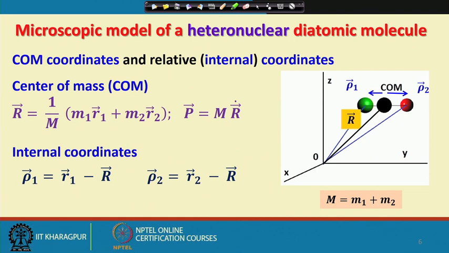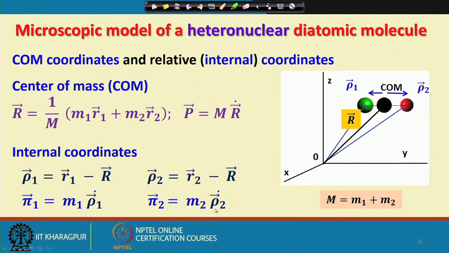Therefore, in this system we will say that atom 1 is moving with a momentum given by m1 times rho 1 dot, and atom 2 is moving with another momentum, that is m2 times rho 2 dot.